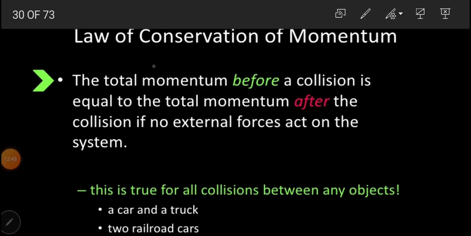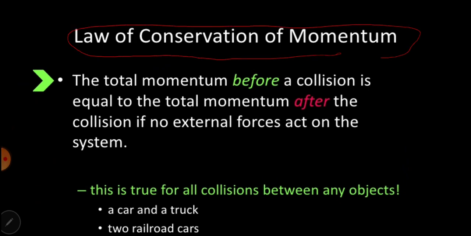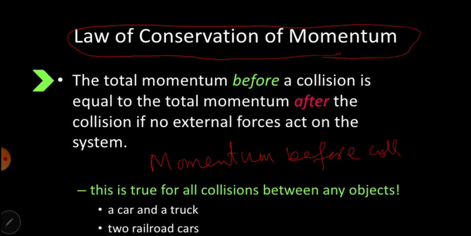Now the next topic is the law of conservation of momentum. The law of conservation of momentum says that the total momentum before a collision is equal to the total momentum after the collision if no external force acts on the system. So momentum before collision is equal to momentum after collision.